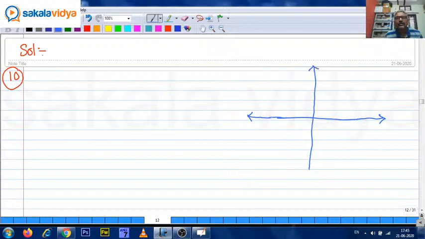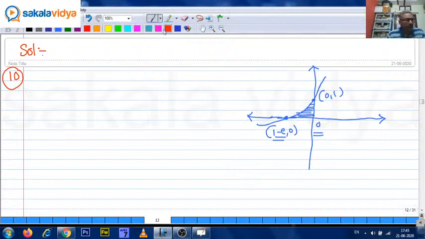The curve cuts the y-axis and x-axis like this. This is actually (1 minus e, 0). This will be (0, 1). This is the origin. This area we need to find out. That means it is very simple now: integrate from 1 minus e to 0, and you will get the answer.